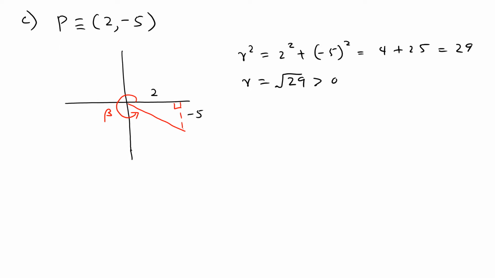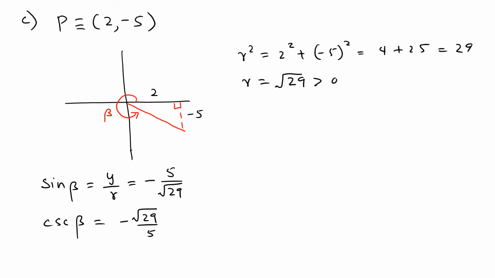And then we can find sine beta, which is y over r, which is -5 over square root 29, and the reciprocal of this is cosecant beta, which is negative square root 29 over 5.